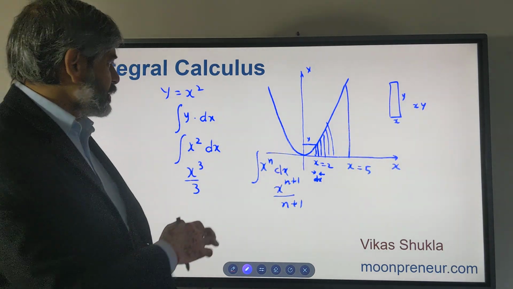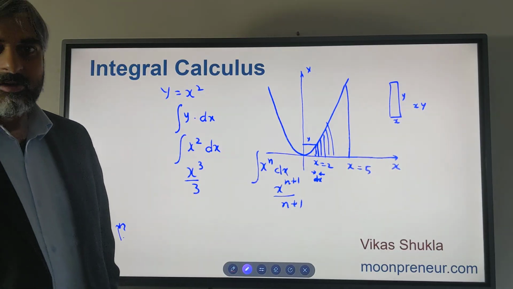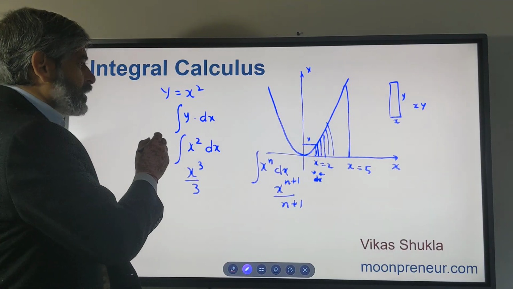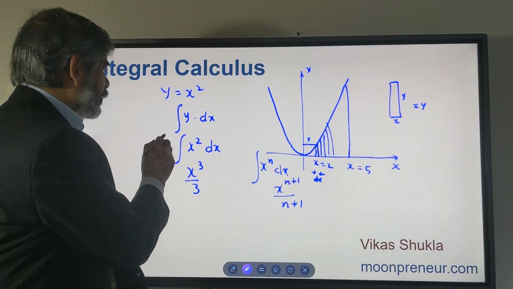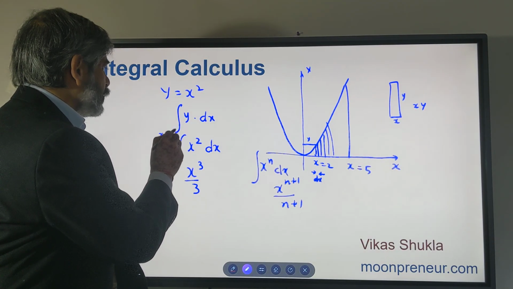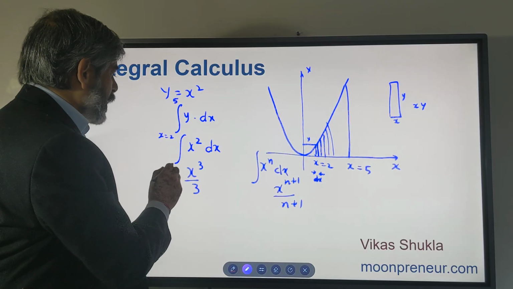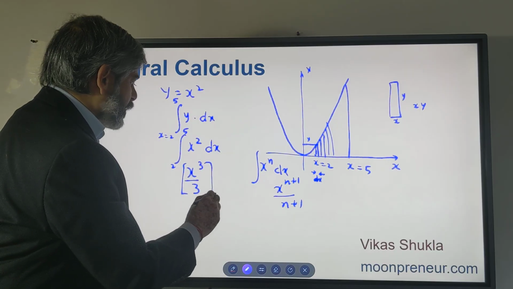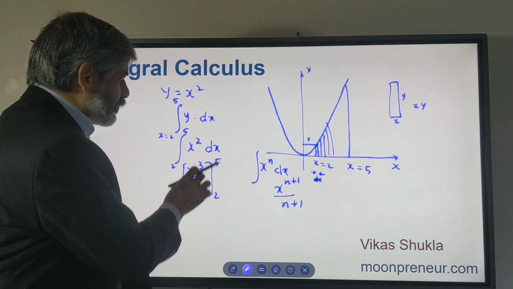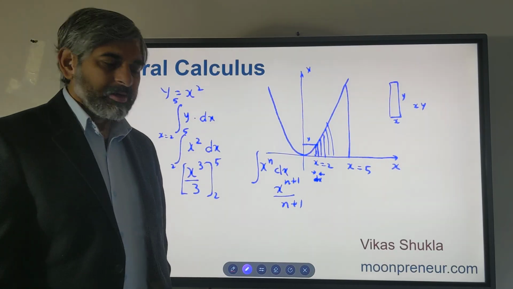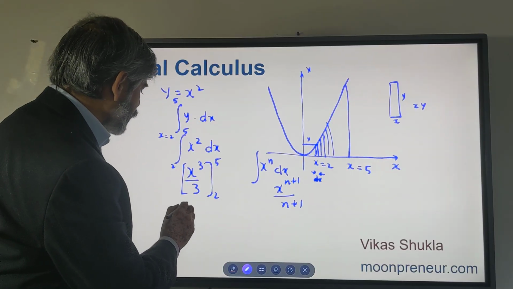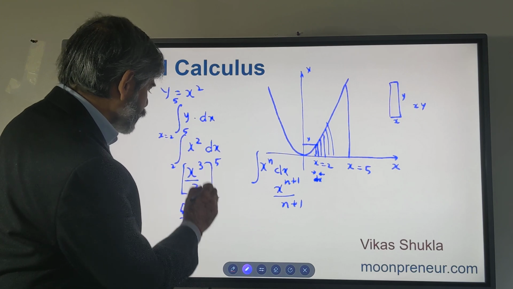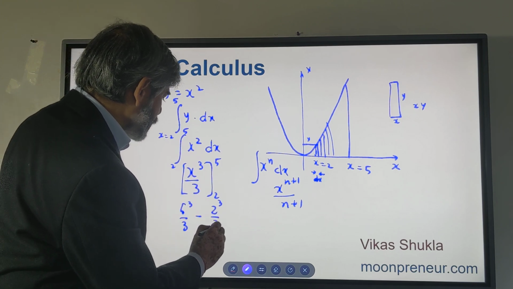If this is an indefinite integral, and the integral is performed between certain values, we put those bounds, x equal to 2 to x equal to 5. We first find the value of this definite integral: we write 5 cubed divided by 3, minus 2 cubed divided by 3.